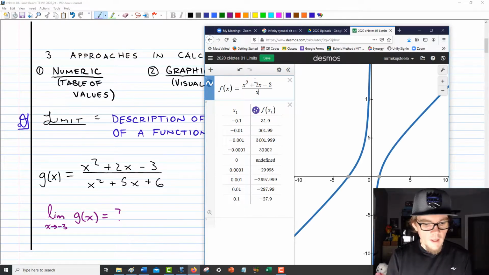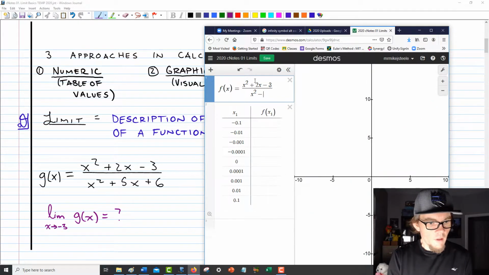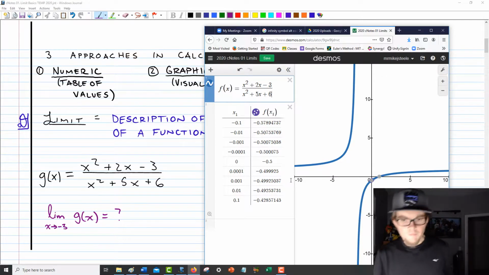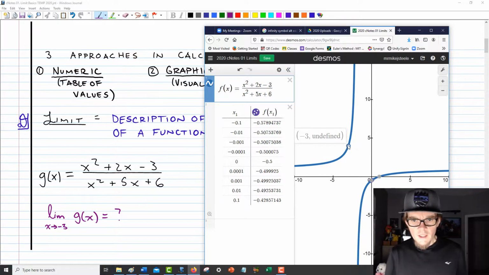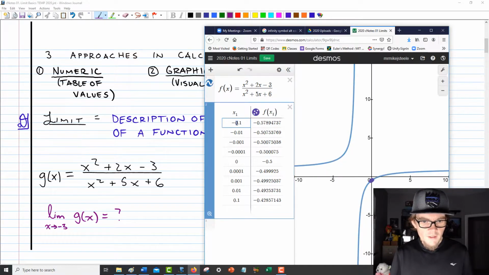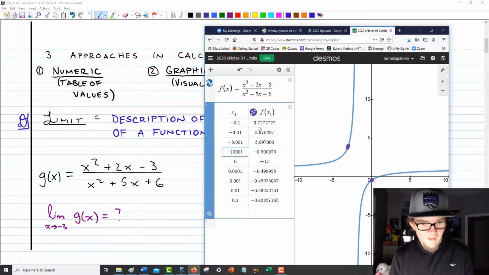Minus 3, x squared plus 5x plus 6. Very hard to type in the dark. Oh, look at that, we got issues. Unfortunately, my table doesn't necessarily work in the same way. Let me see if I can do this. I'll just not save this because this is for later in the lesson.